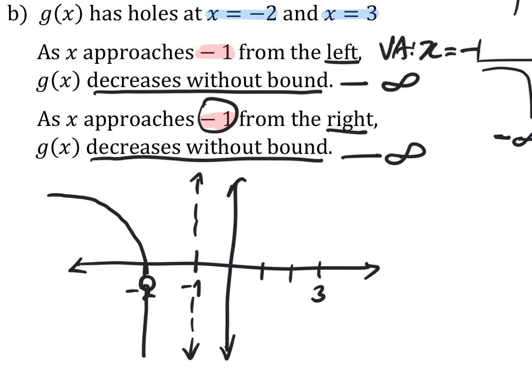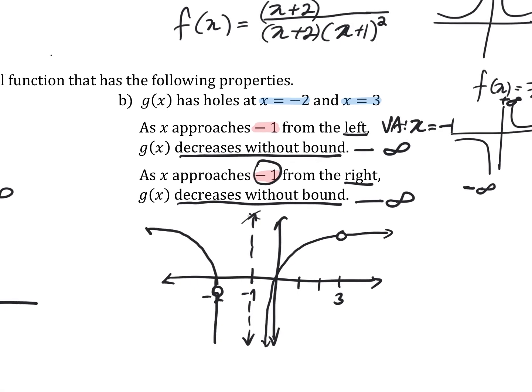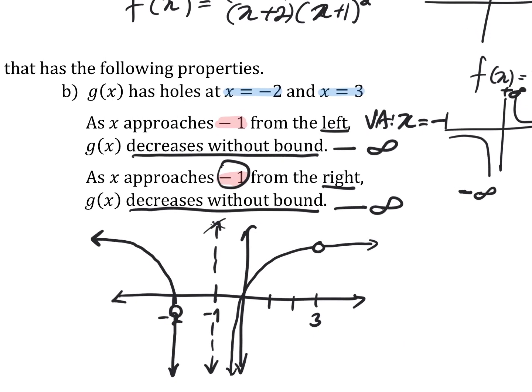So from here, I'm just going to pass through here maybe. Hold on, that's very inaccurate because my asymptote is somewhere here, and I'm already very far. So something like that. It's going to be this way, but at 3, it's going to be a hole. So this is the rough sketch of our graph according to these properties of limits.